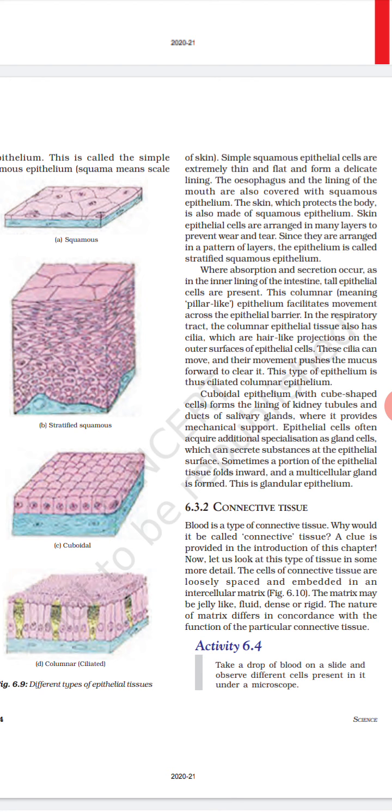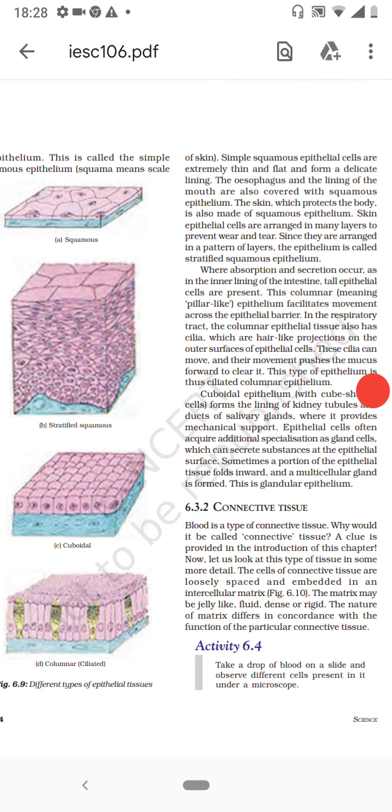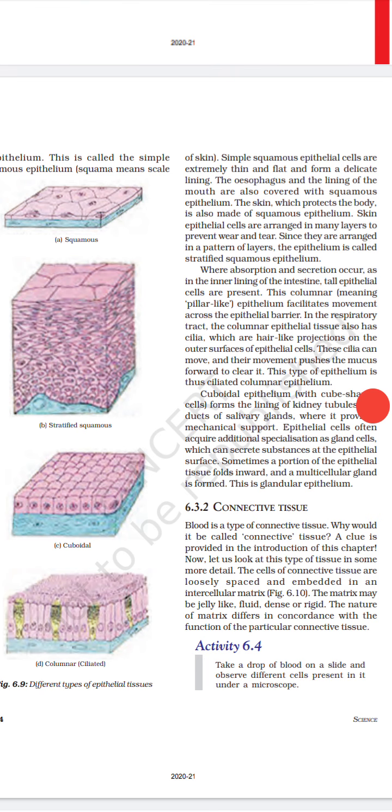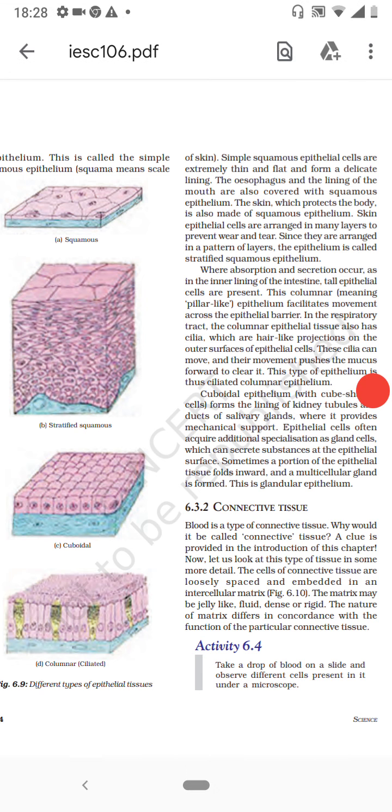What are the functions of epithelial tissue? It protects the underlying cells from drying, injury, infections and also from harmful effects of chemicals. It plays a vital role in regulating the exchange of material between the body and external environment and between different body parts.